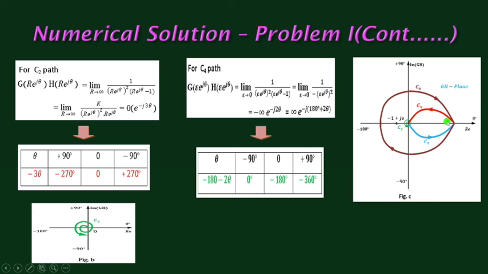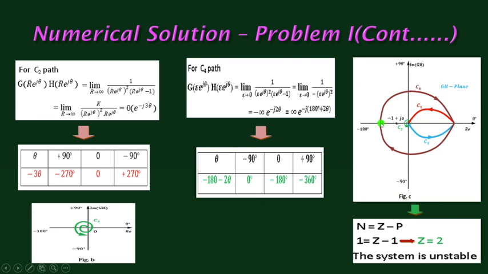This magnitude is considered infinity and this is the 0 degree axis. Then 0 degree to minus 180 degree to minus 360. So the negative angle is increased, which means clockwise movement. So minus 90 to minus 180, then minus 270. This finishing point is minus 360 degree.